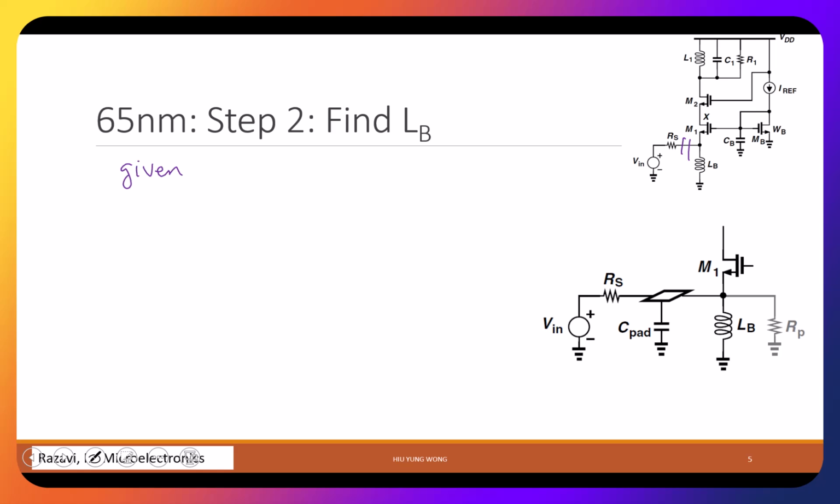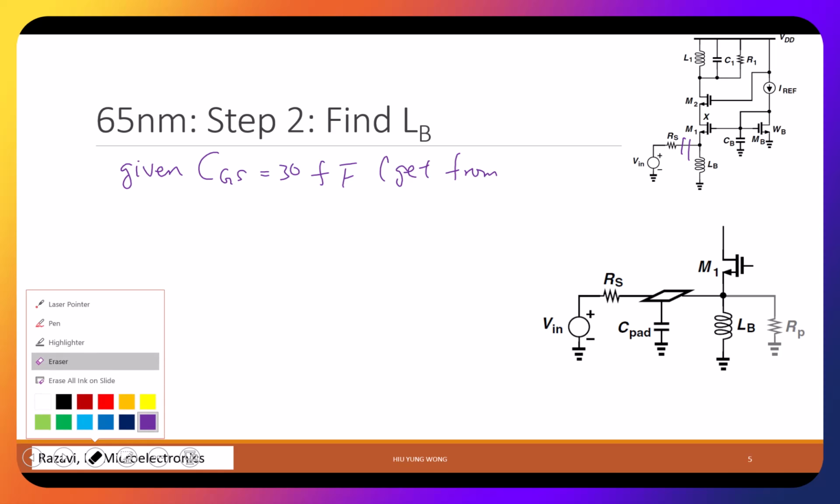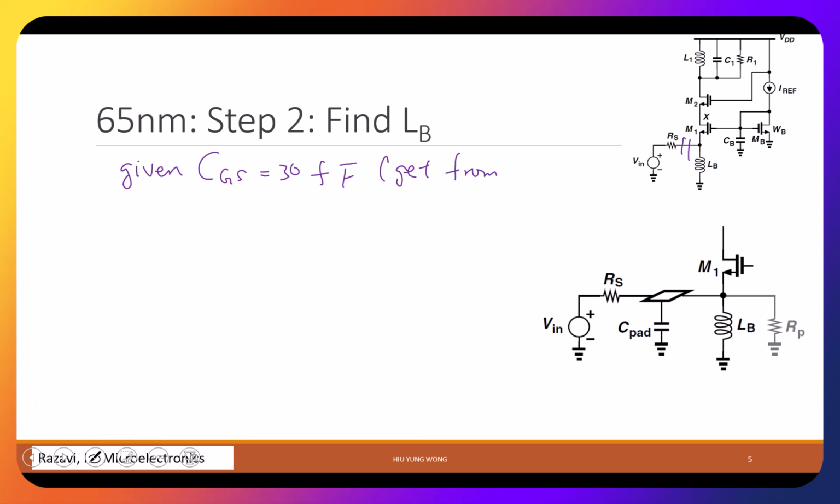But for you, you can do that from simulation. For this example, CGS equals 30 femtofarad. Okay? You can get it from simulation. You DC bias the transistor, then you can see the property. It will give you all the CGS, CDS, everything, gm, gout. You get it from there.